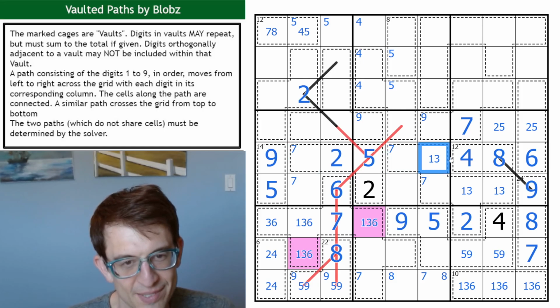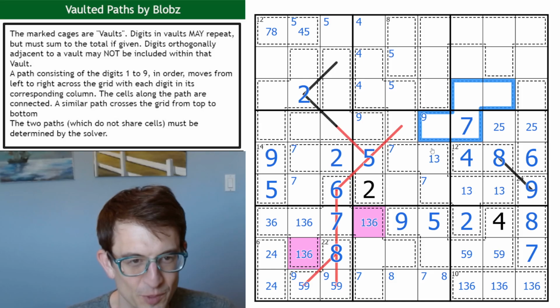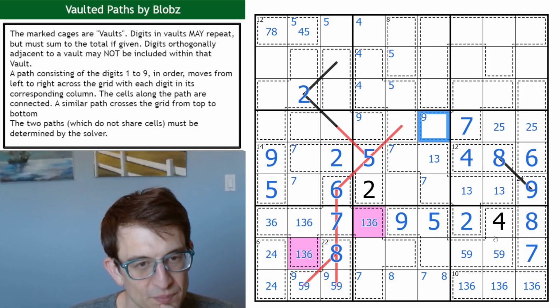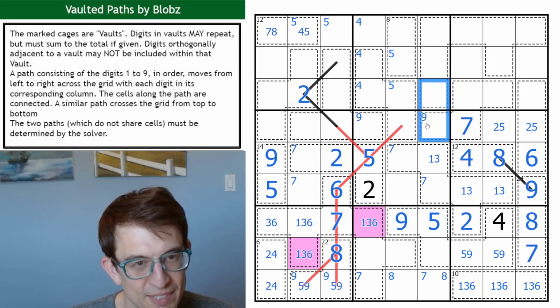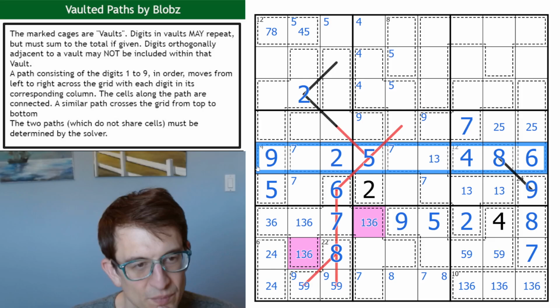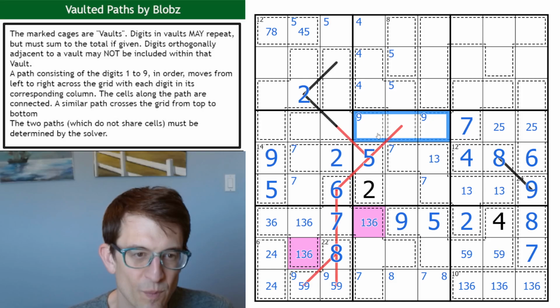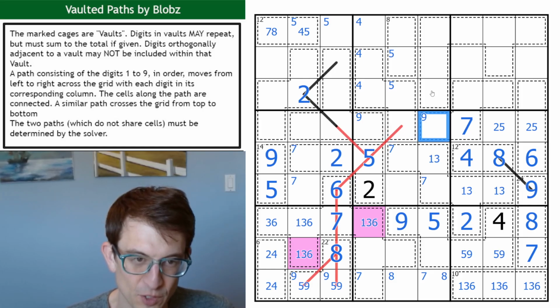This digit doesn't show up there, but that's not so exciting, actually. One of these is 6. Where are my 6s? Here. This is not 6, because if this were 6, 6 couldn't go here by Sudoku or here by the vault rule.